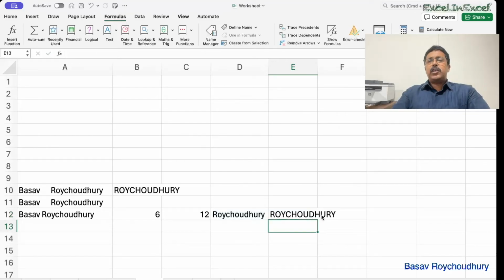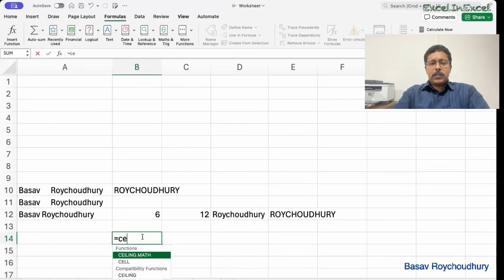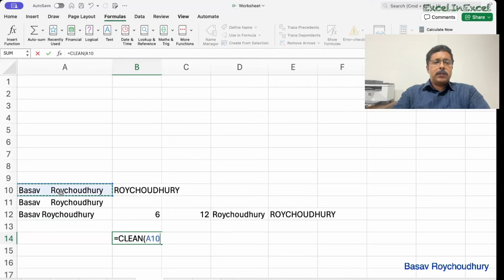We could actually join all these functions together if we wish to. It might look a little complicated, but let me show you how it can be done. It's basically redoing all the things that we have done, in a particular order. First I had done a clean of this.